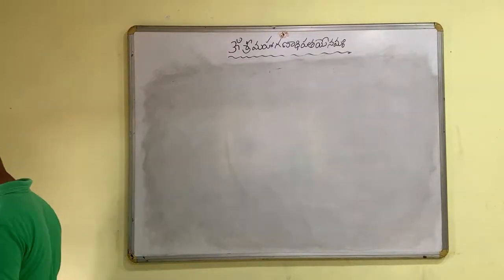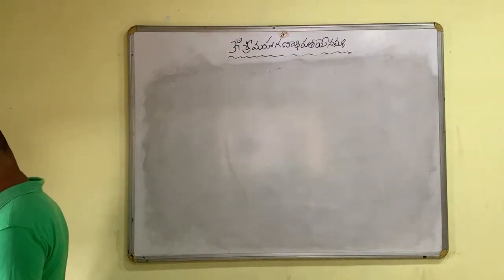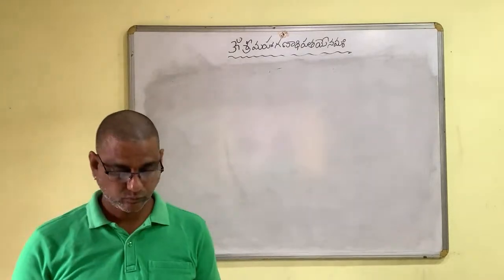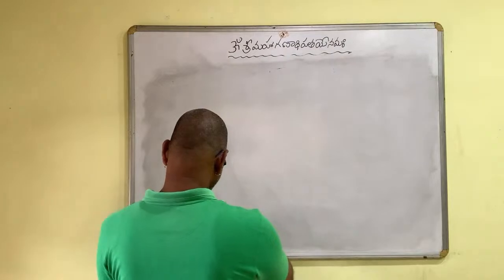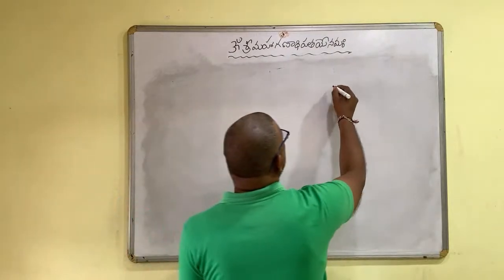Next question. Figure 6.21. Again, triangle PQR.